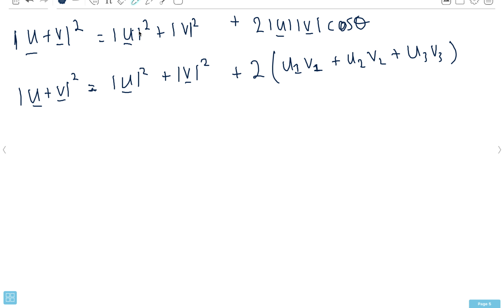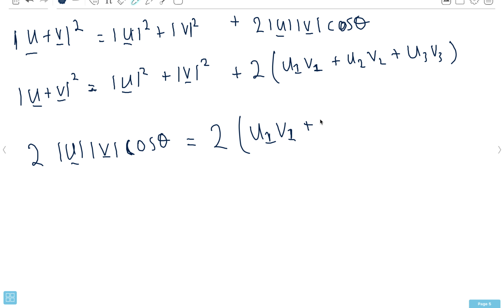And if we equate them, we see that these two terms cancel out, and we have 2 mod u mod v cosine theta is equal to 2 times u1 v1 plus u2 v2 plus u3 v3.